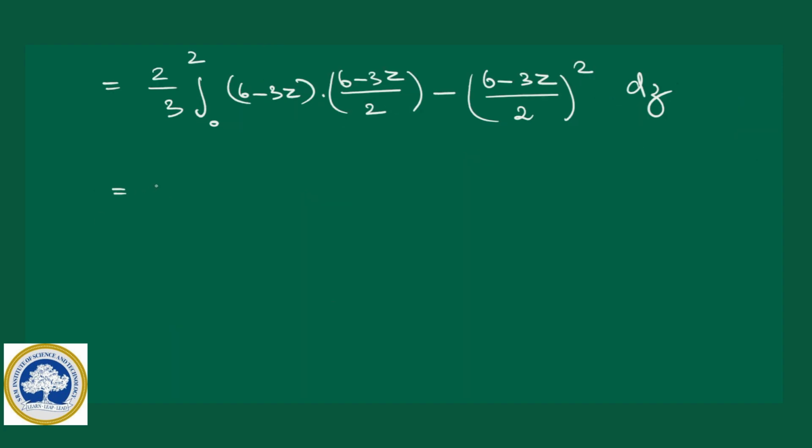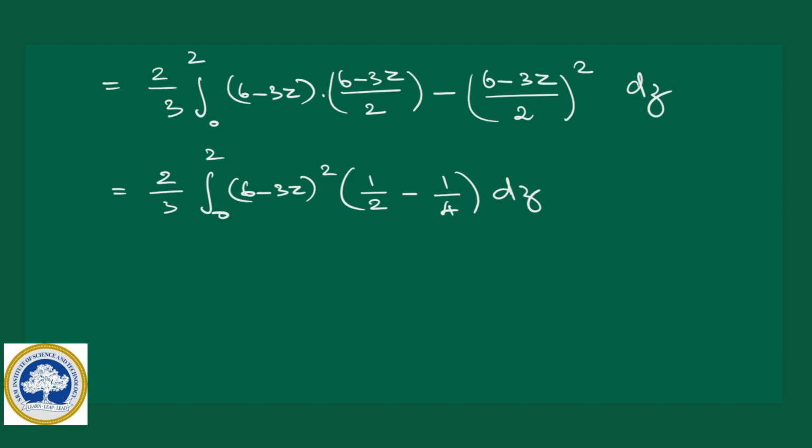So by simplifying this, 6 minus 3z whole square is common in the numerator. So we can write 6 minus 3z whole square as a common term. Here we are left with 1 by 2, and then in the denominator 2 square is 4, so 1 by 4 into dz, right?